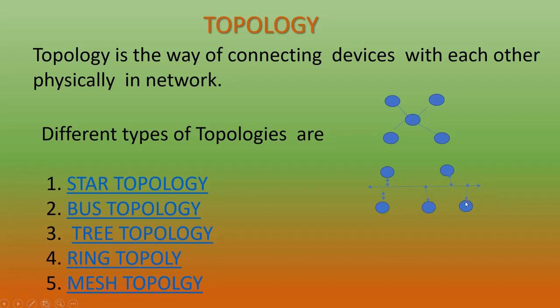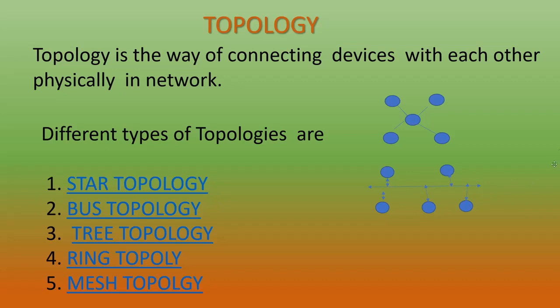When it reaches the other device, that device will check whether the message contains its own address. If it contains that device's address, it will accept it, or it will discard the message. Again, that message is transmitted through the same cable in both directions. So that is all about your bus topology.